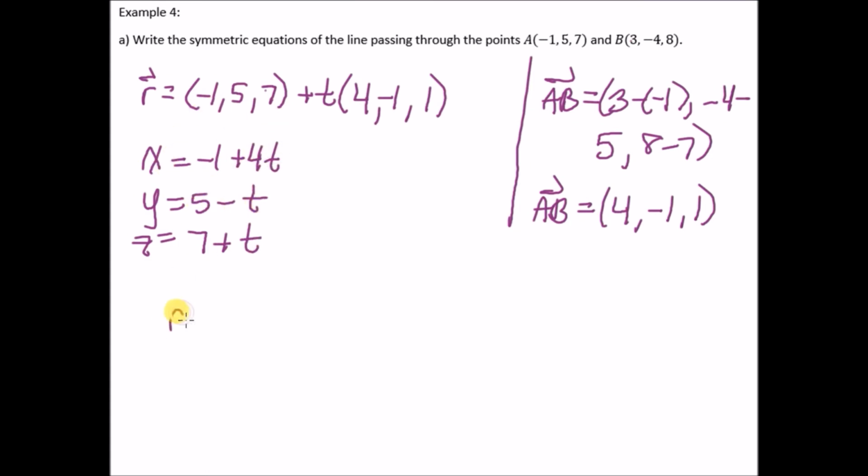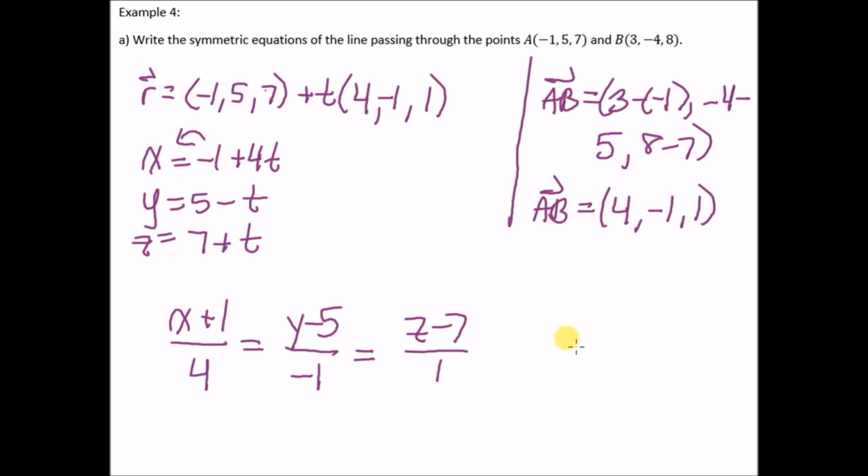So I get x, and I'm just going to bring this over, plus 1 divided by 4 equals y minus 5 divided by negative 1 equals z minus 7 divided by 1, or you can just leave it. And these are your symmetric equations for the line that passes through AB.